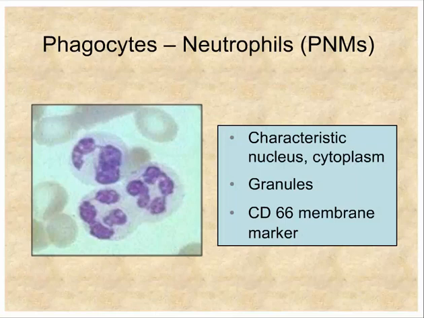First of all, here's the cells. Of course, the PMNs, you know, have this characteristic nucleus, and of course can be recognized morphologically. They have a number of different granules that we'll talk about shortly, and there are a series of antigens on the surface of various cells that are used to identify those cells. And in the case of the neutrophils, that antigen is CD56. These antigens you're going to see have these CD markers, and there's several hundred of these CD markers.